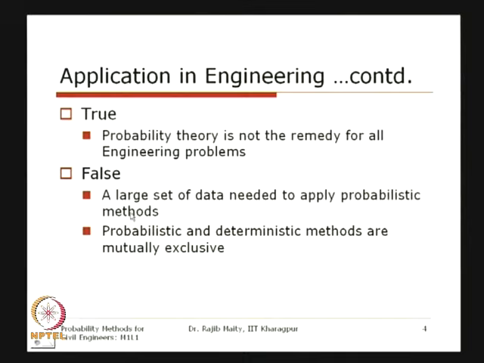On the other hand, sometimes we have a belief that a large data set is needed to apply the probabilistic method. That is also not necessarily true always. What is true is that the proper representation of the population in my sample data set must be there.